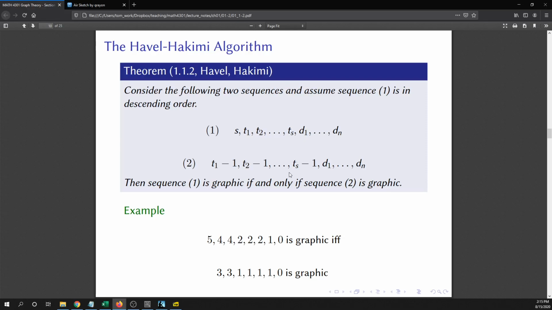And if the one you wind up with is not graphic, then the original is not graphic either. Okay? So that's the idea of it. Going backwards from the very simple sequence to the more complicated one gives you sort of an algorithm for drawing a graph given a degree sequence. Okay, and we'll talk about that later.